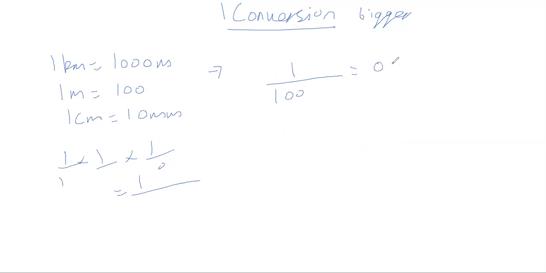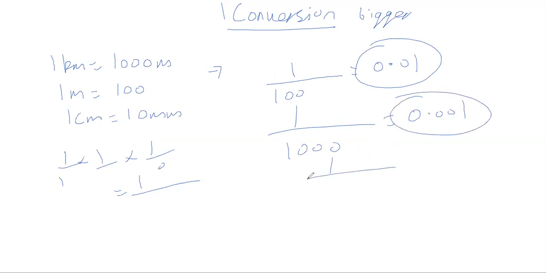So this should be 0.01, two decimals. 1 over 1000, now there are three zeros, so it should be three decimal places, 0.001. If there are four zeros, then it should be four decimals. It depends on how many zeros are there with the one. So the number of zeros is the number of decimal places there should be. Okay, ji? Is it clear, ji, how to convert? Okay, good.